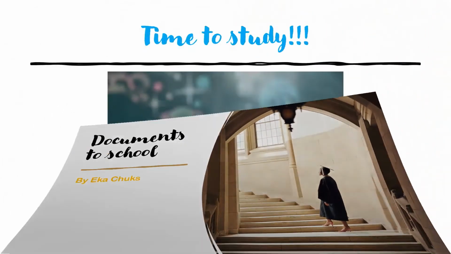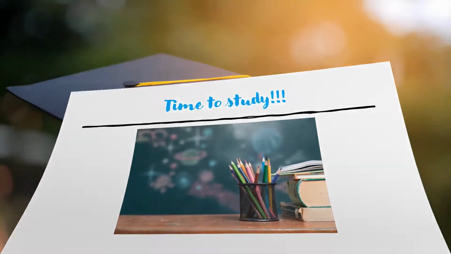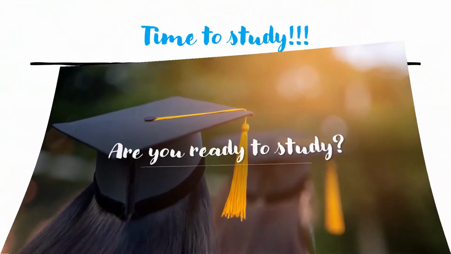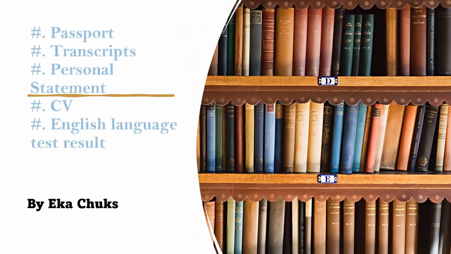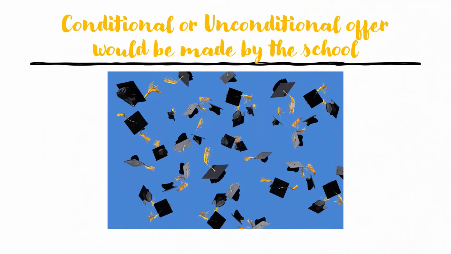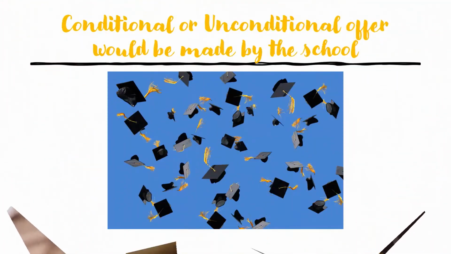Some of the documents that you may require to send for you to get your CAS number is proof of English language ability, all your qualifications, transcripts, certificates, any diploma, and any other, and proof of your finance, like your bank statement and whatever you can show to prove that you have the financial ability to pay your fees or your sponsor has.